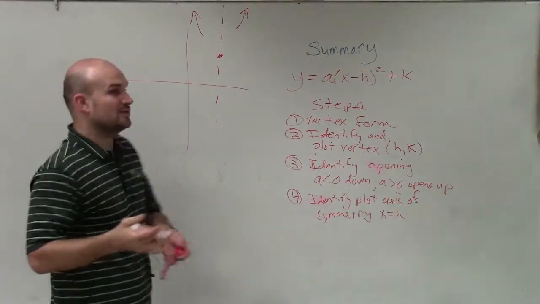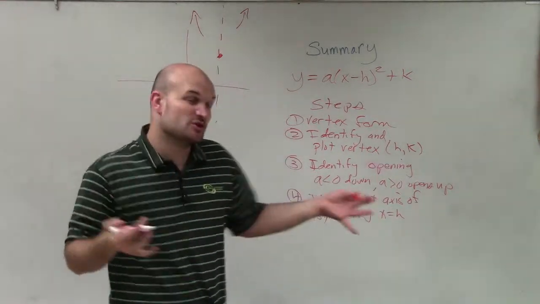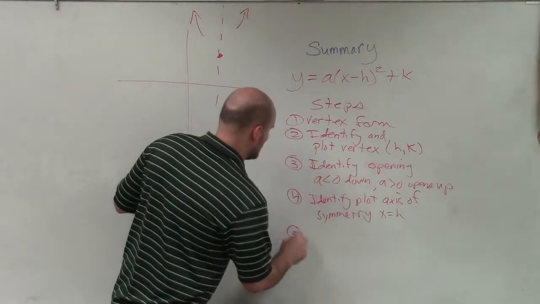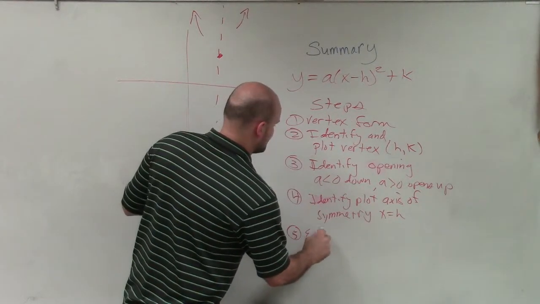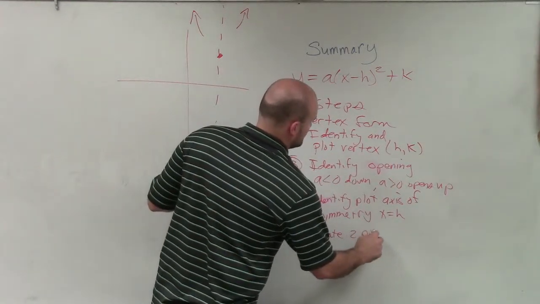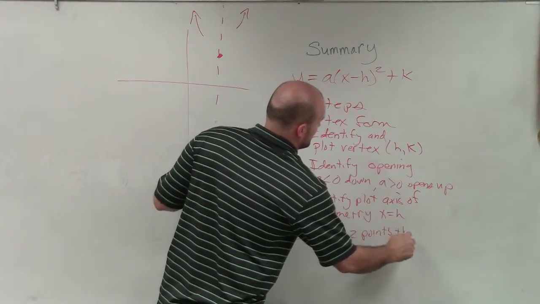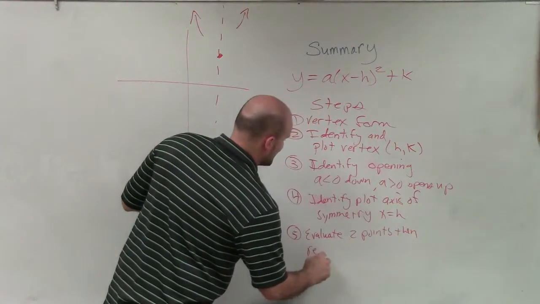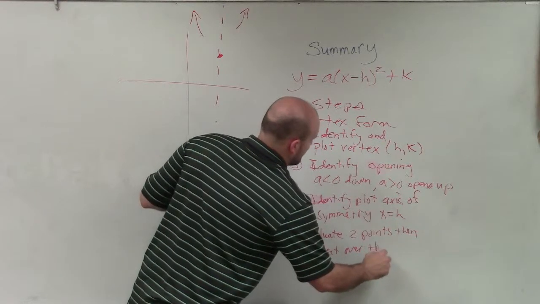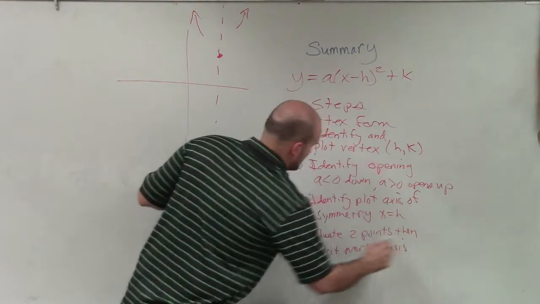The next thing we want to do is, I like a minimum of 2 points. Your teacher or your test might be something different, but therefore evaluate 2 points, then reflect over the axis of symmetry.